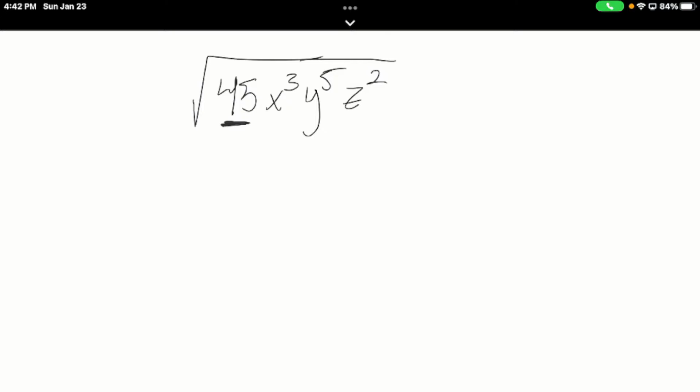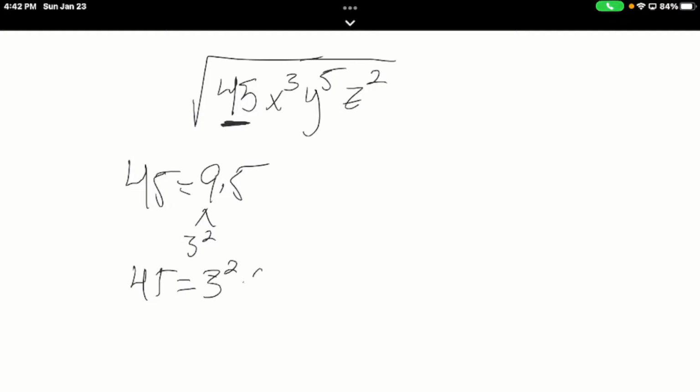But what I do know is 45 can be written as two things. 9 times 5. Okay? And this corresponds to 3 squared. So if I have 9 being 3 squared, I've got 5 right here. This corresponds to 45. So 45 is the same thing as 3 squared times 5. Keep that in mind. Okay, so I've got this.